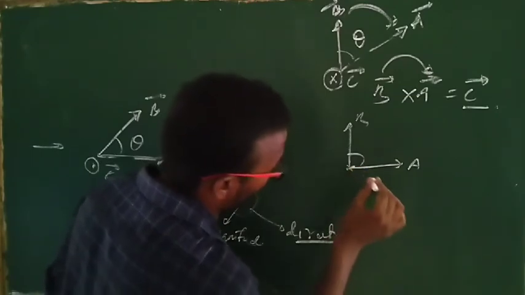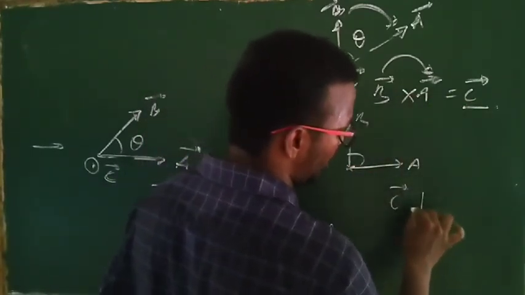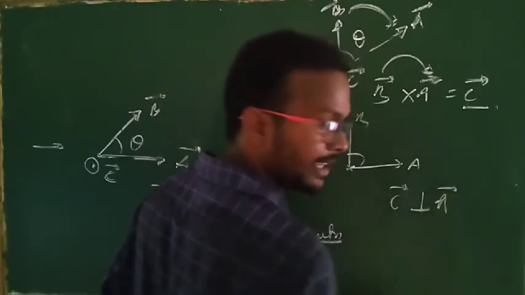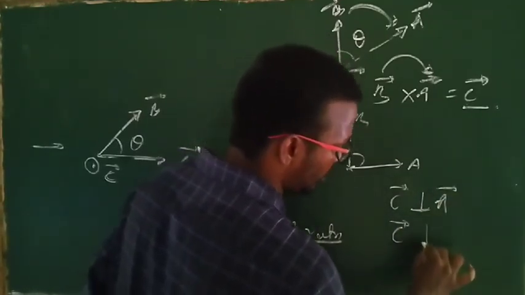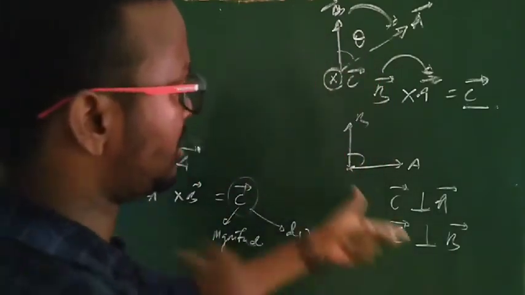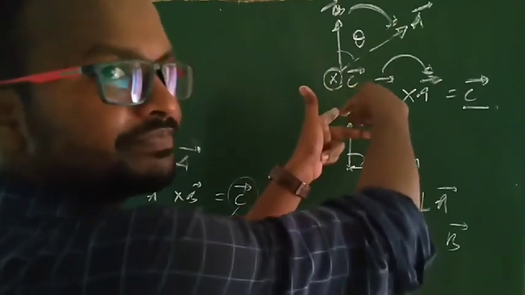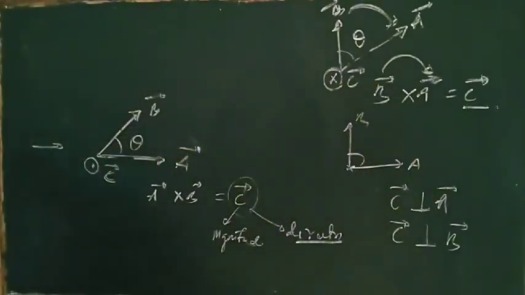That means the inward direction. And this vector C is always perpendicular to vector A, and it is always perpendicular to vector B. Why? Suppose this is the direction of B and this is the direction of A. Clear?